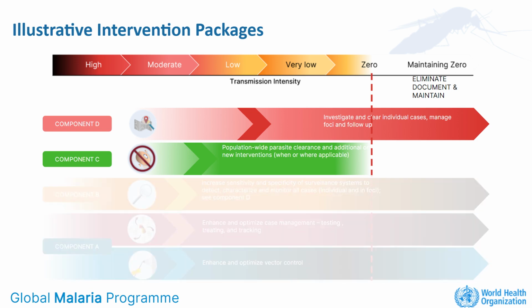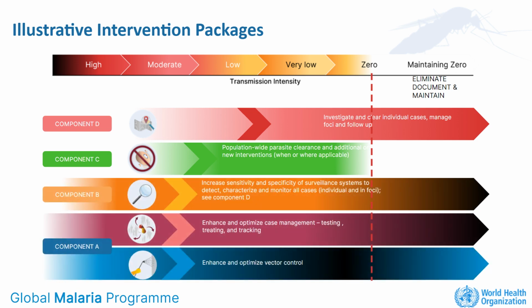Darker colors indicate more intense actions, and shading from light to dark indicates enhancement of the quality and scale or focus of the work. We will review each component in more detail in subsequent units.